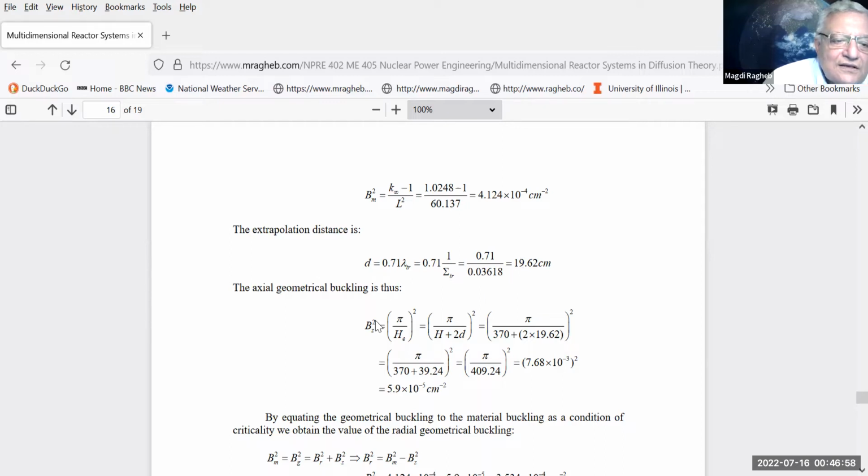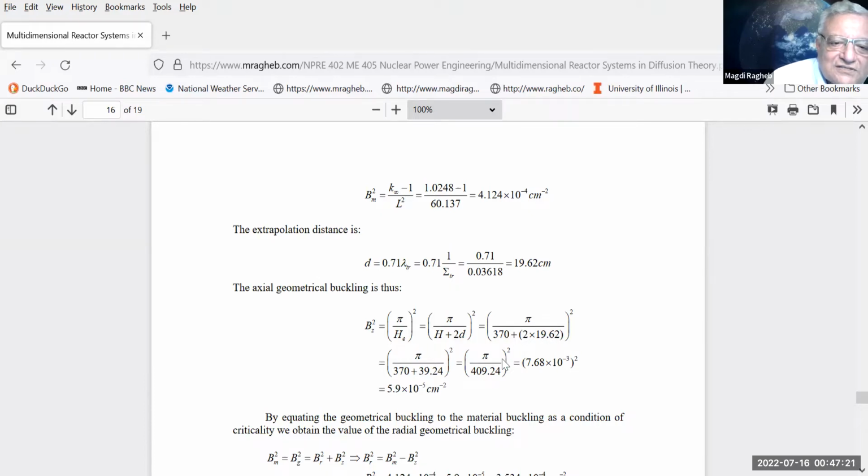In that case, geometric buckling would be pi over the height plus pi divided, that is the buckling in the z dimension, pi over the height of the reactor. We determined it to be 370 centimeter plus twice the extrapolation distance.